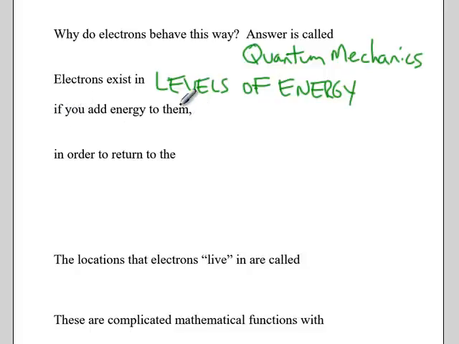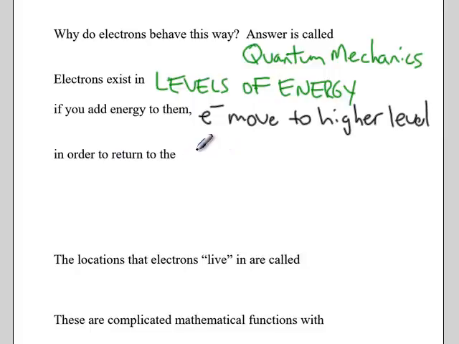If you add energy to the gas, the electrons will move to a higher energy level. However, they do not want to stay at the higher energy level. They would rather release that excess energy and return to what's called the ground state, which is the lowest energy level.